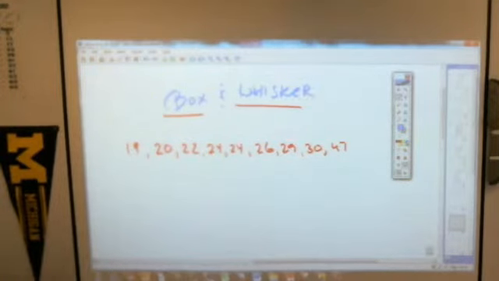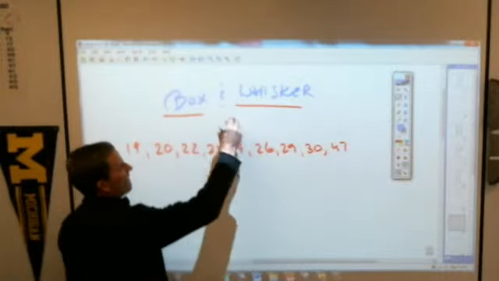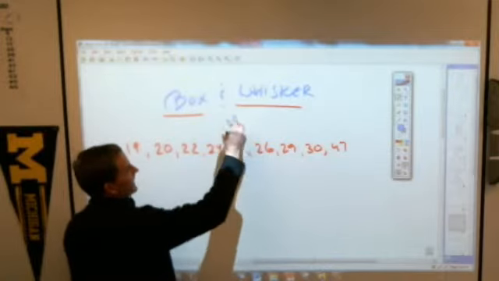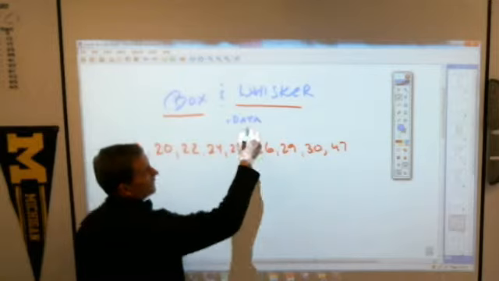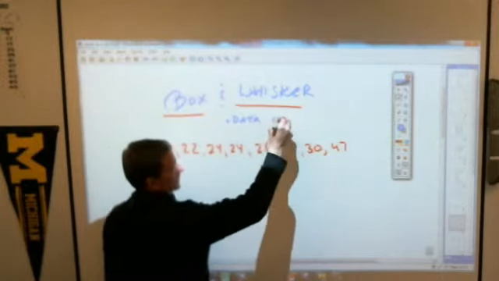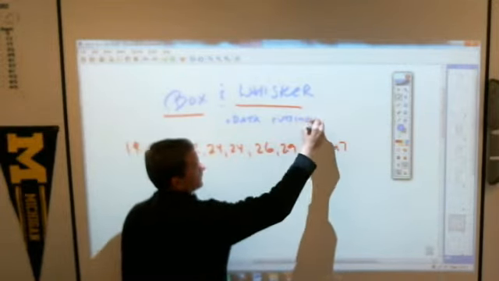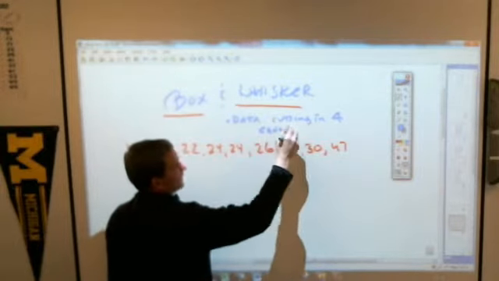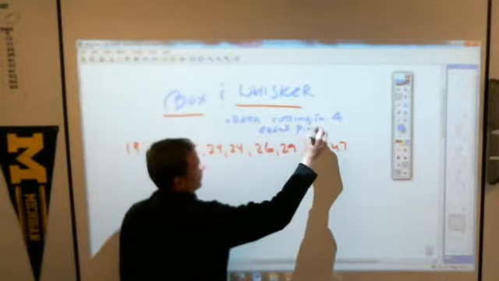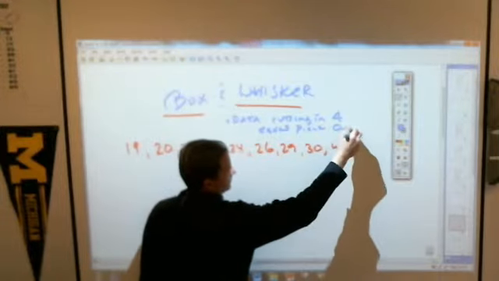Now, remember what Box and Whisker does. Really, all you are doing is taking the data and separating it, cutting it into 4 equal pieces. We call those the quartiles.